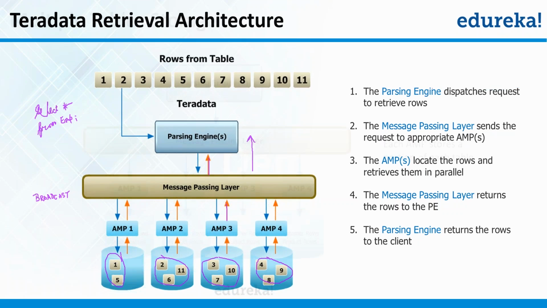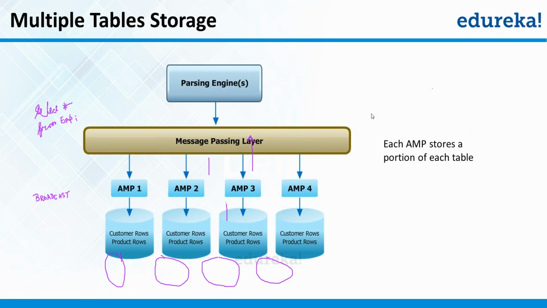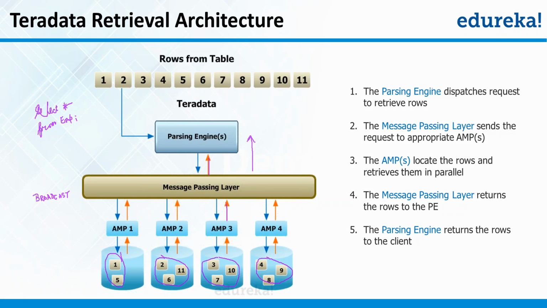Okay, before I go to the next slide, was this clear? Insertion, I'm sure you would have understood. Now you also understood how once the data is inserted and staying in a distributed fashion across all the disks, the select is going to work, right? Your select will also be distributed because my data is in 4 different disks which are attached to 4 different processors, and these processors are operating on the data they are responsible for, right?